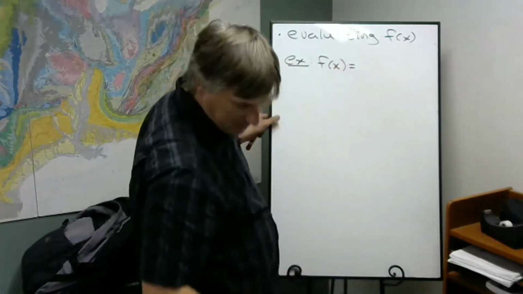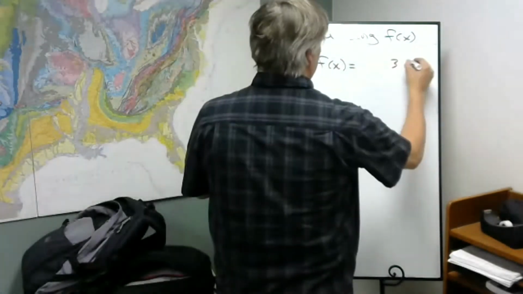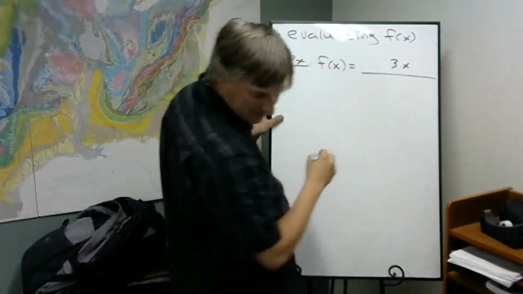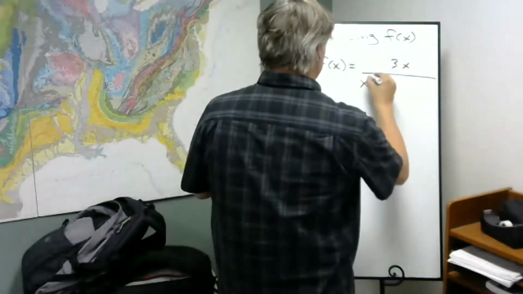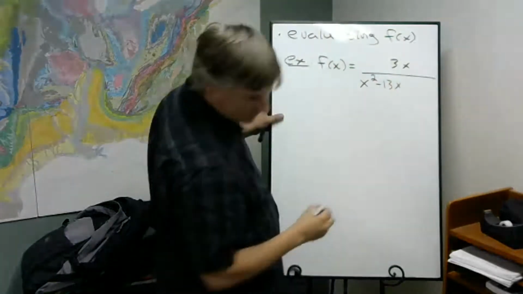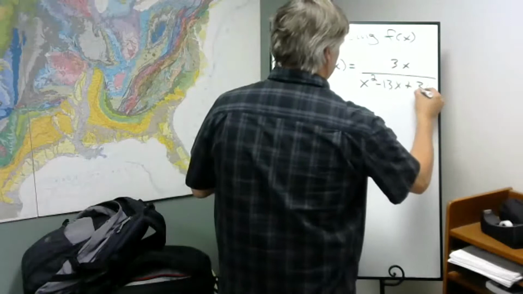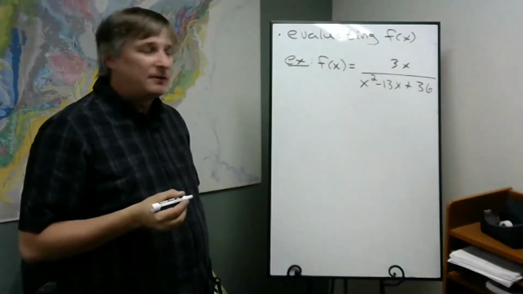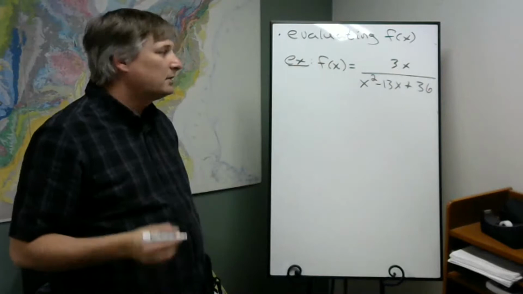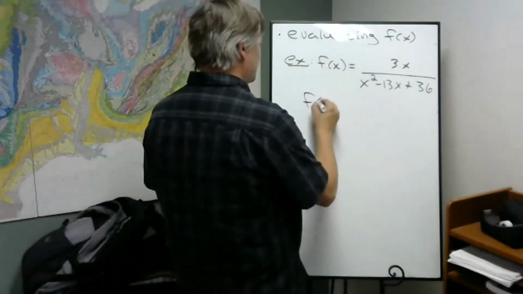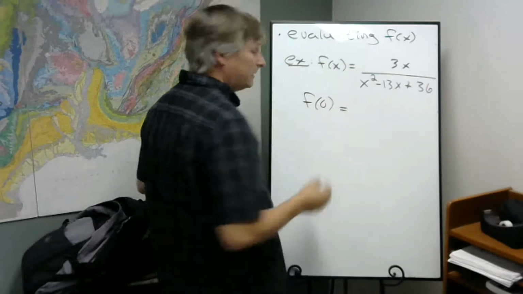Let's say we do this one. Let's say we're supposed to find f of 0. Or, I'm sorry, f of 0, not f of x.